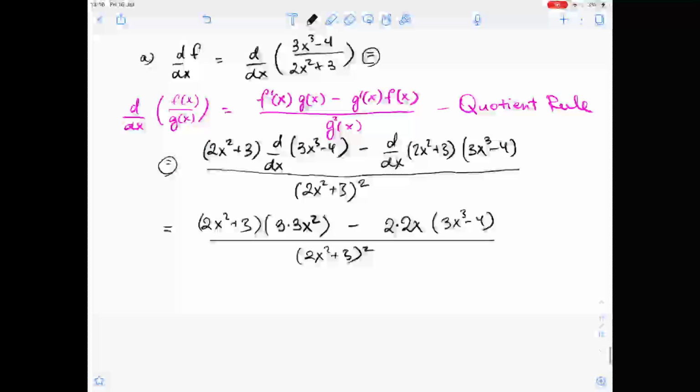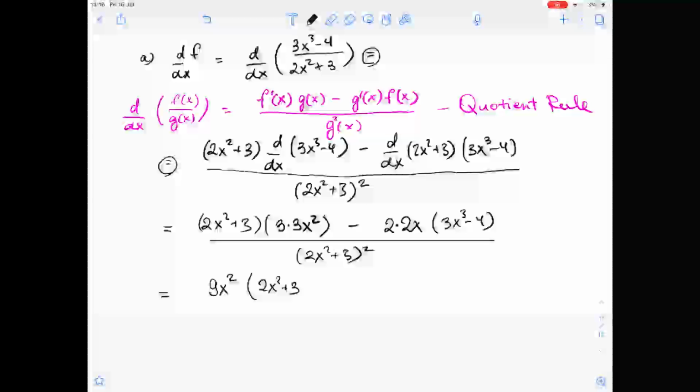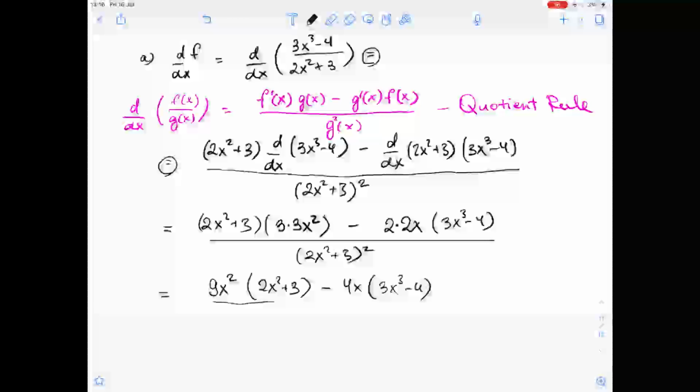So this equals 9x squared times 2x squared plus 3 minus 4x times 3x cubed minus 4, and this whole thing is over 2x squared plus 3 squared.